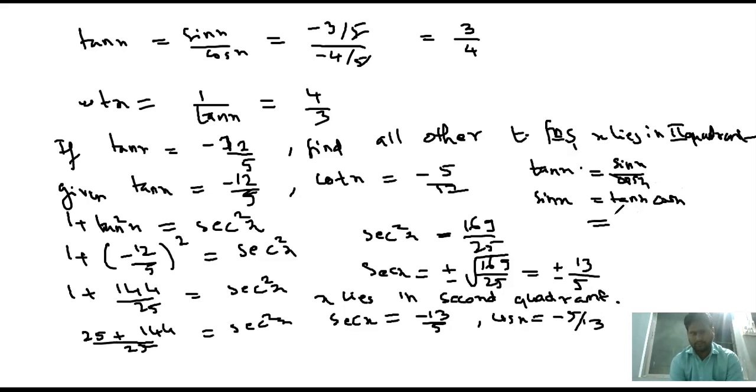So here tan x is given as minus 12 by 5 and cos x is minus 5 by 13. The 5 gets cancelled, so it is equal to 12 by 13. This is the value of sin x. And cosec x is its reciprocal, 13 by 12.